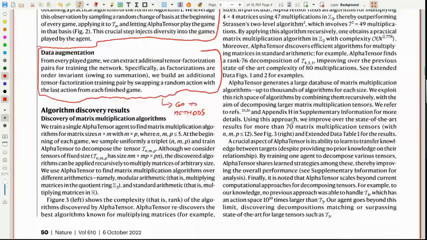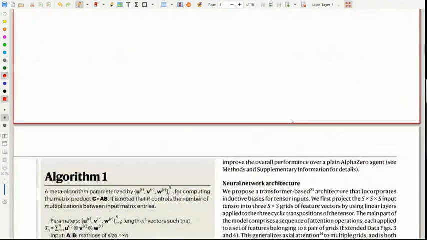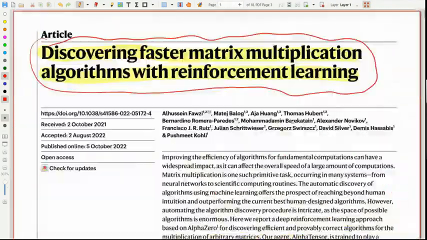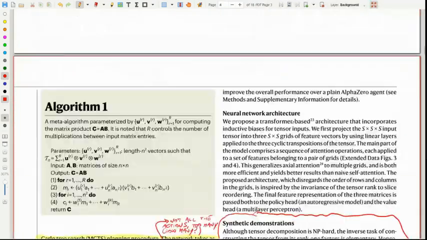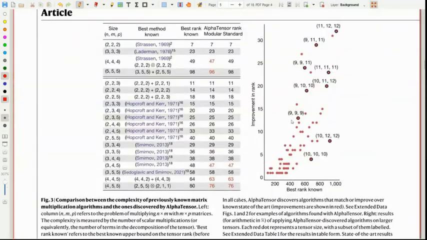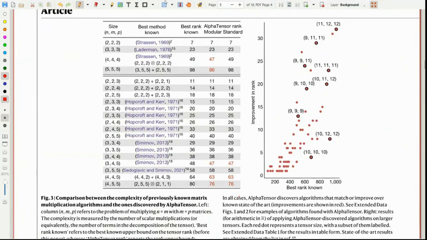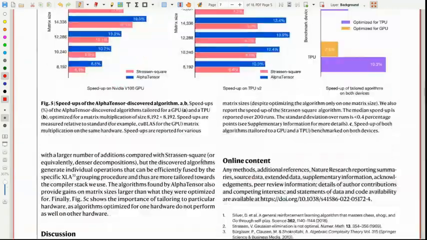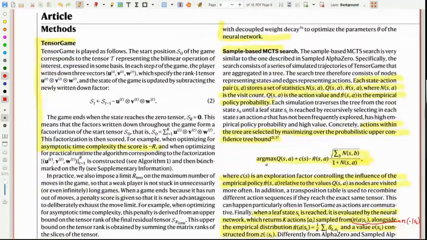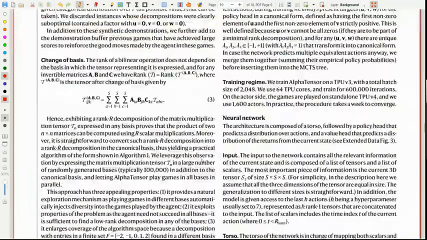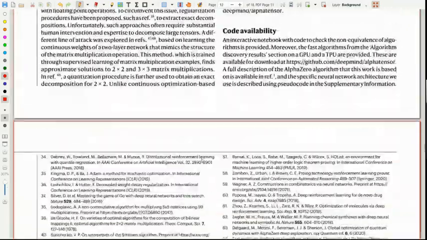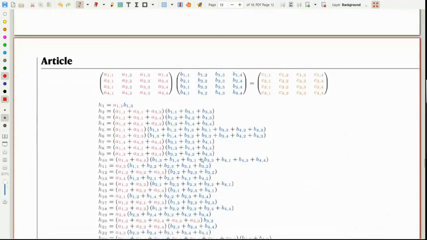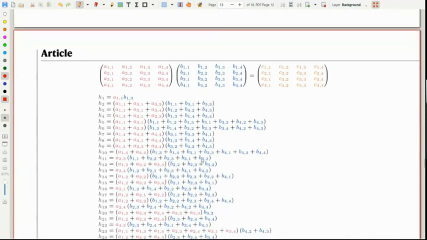The new algorithm is... I can find it. Okay, this is a table describing the best algorithms known in various dimensions, but if you want the new algorithm, where is it? I guess this one.